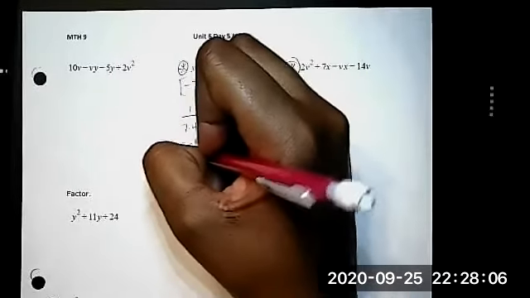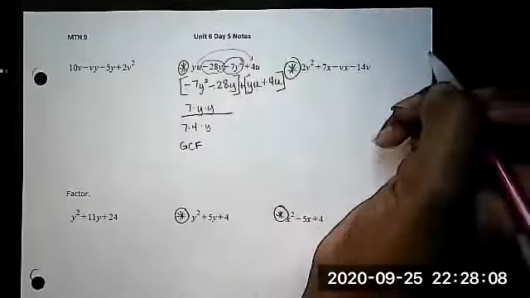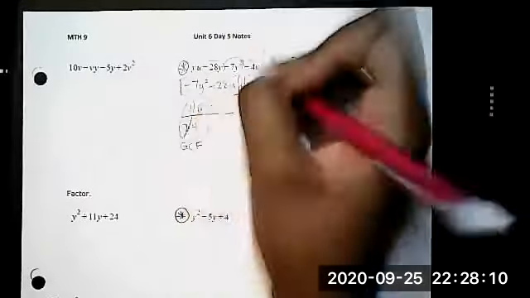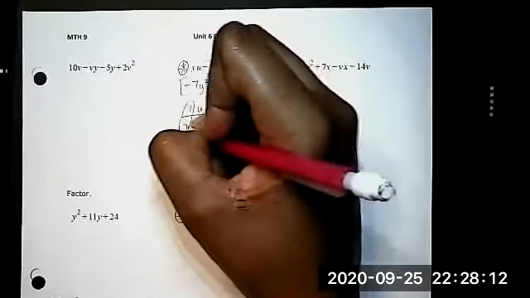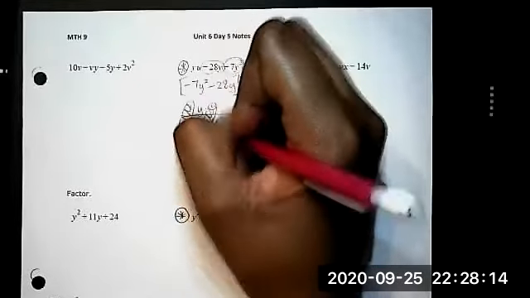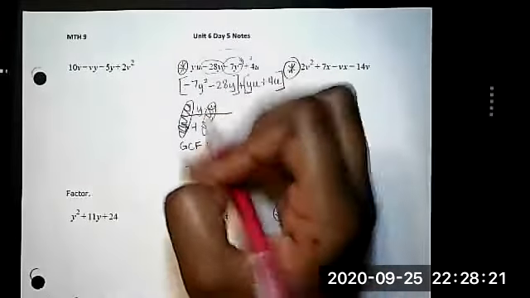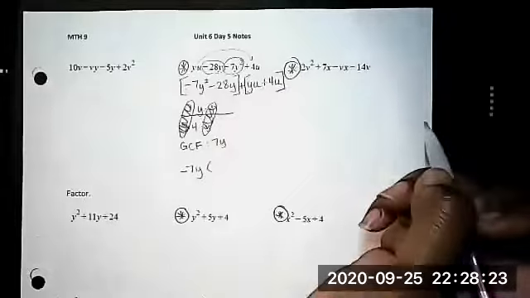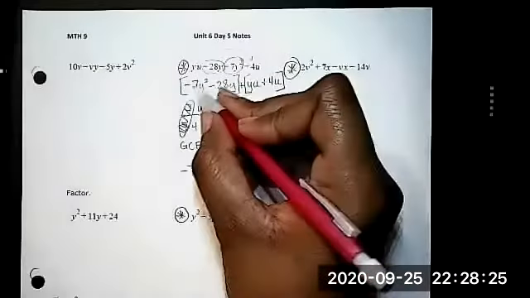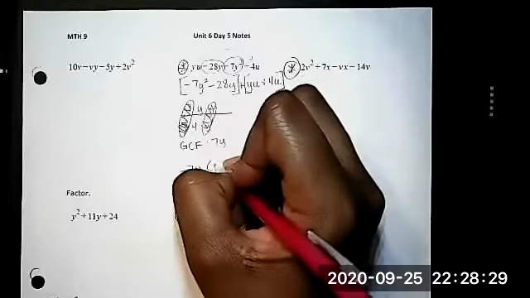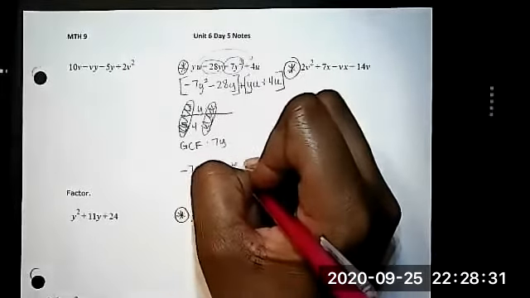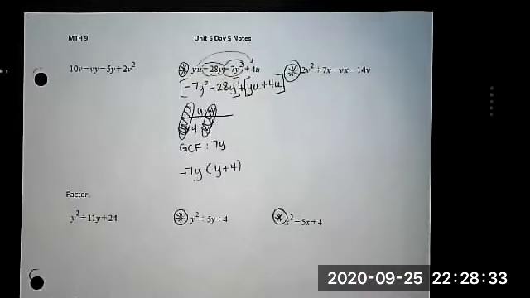So my greatest common factor there is going to be 7y. So when I take negative 7y out, because both of these are negative, I'm going to take out the negative greatest common factor. What is left over is y plus 4, okay?